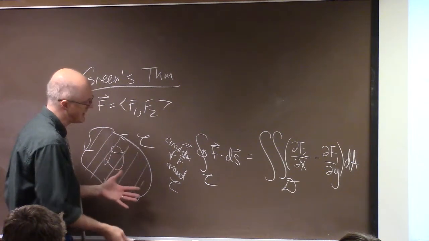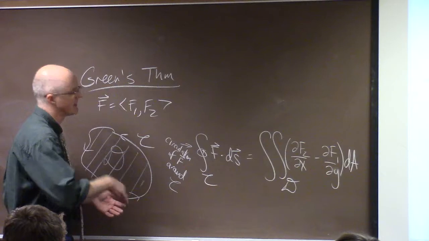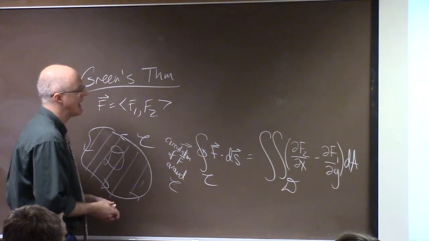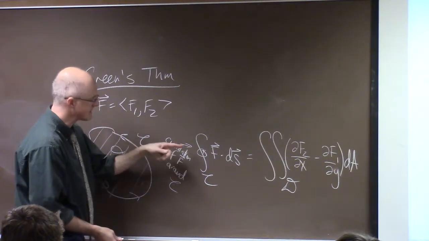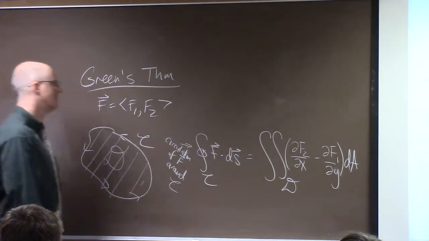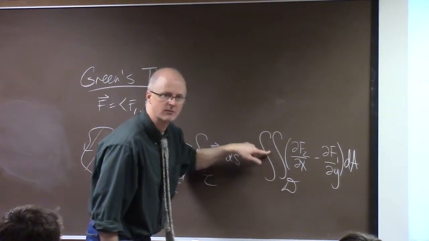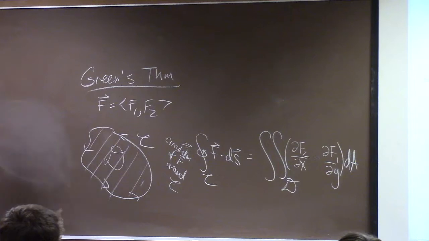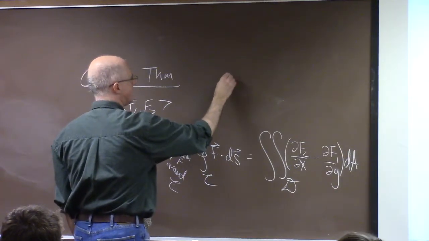Actually, the circulation, again, doesn't have to be a counterclockwise rotation. It could be a clockwise rotation. However, for Green's theorem, as a standard way of writing it, you make this counterclockwise and you make the difference go this way instead of the other way. If you did make this a clockwise rotation, then you'd have to switch these around or put a negative sign in front of it.